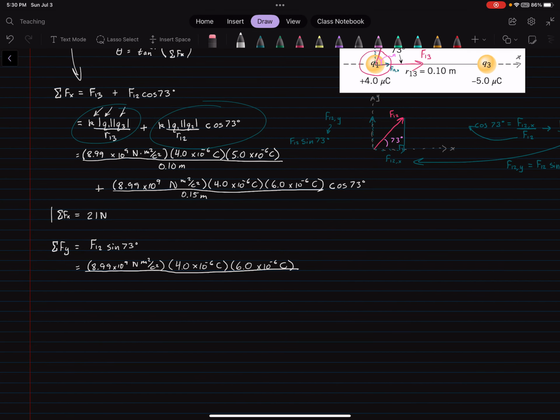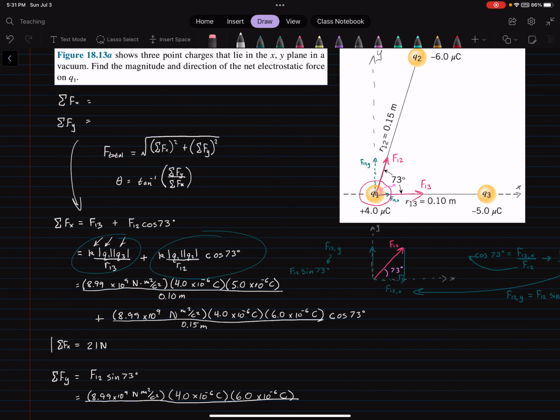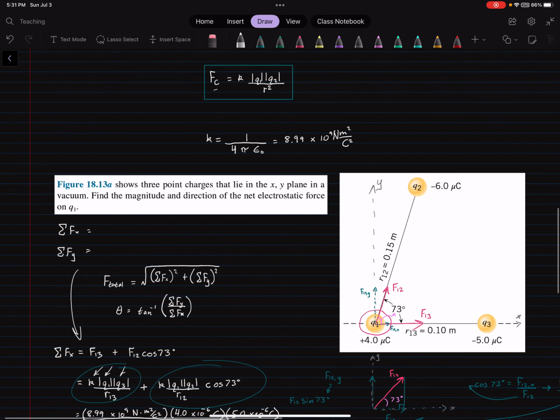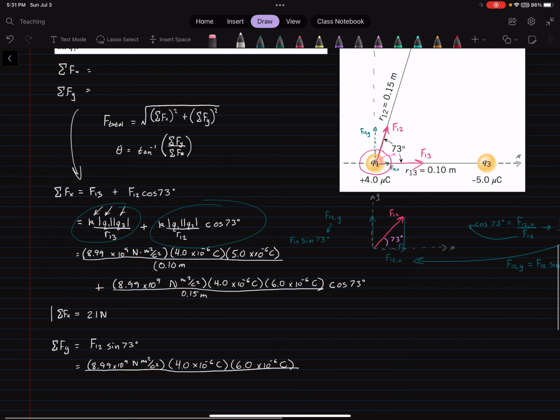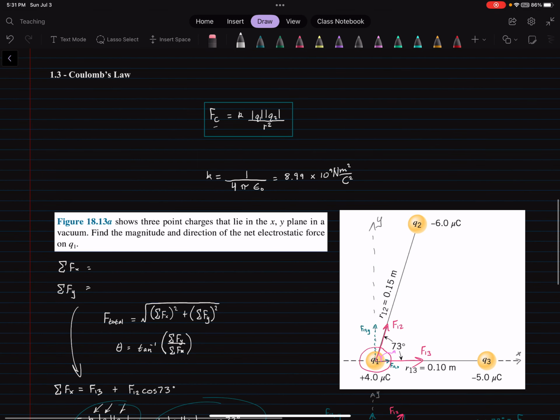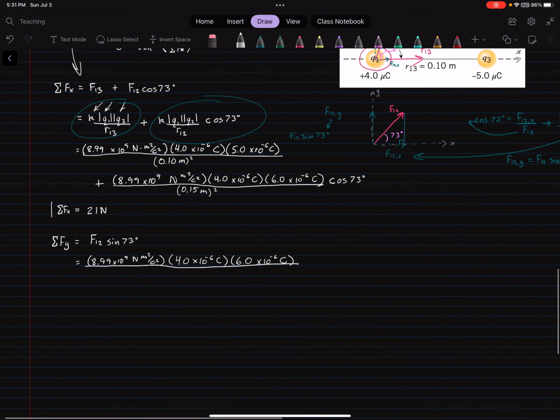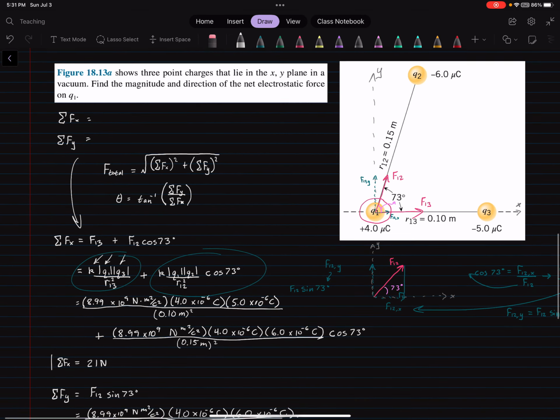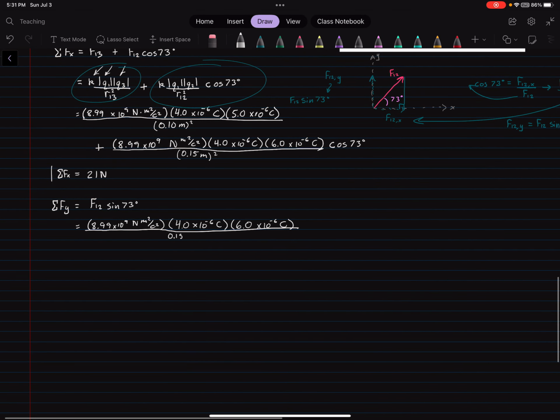And that's all over the distance between them. Oh, I forgot to add the little squared on this, so this should be squared. There, because Coulomb's law has the distance between them squared. Apologies. Squared. All right, so the distance between them squared, so that's 0.15 meters squared.